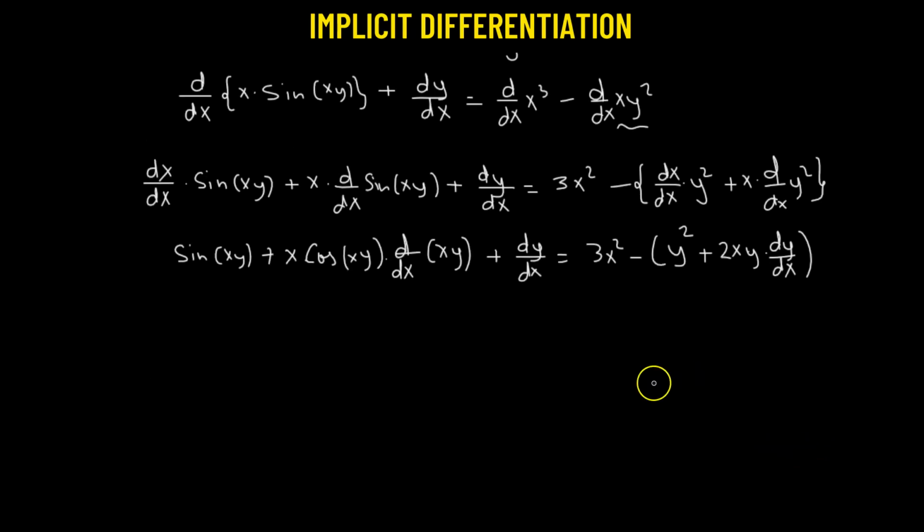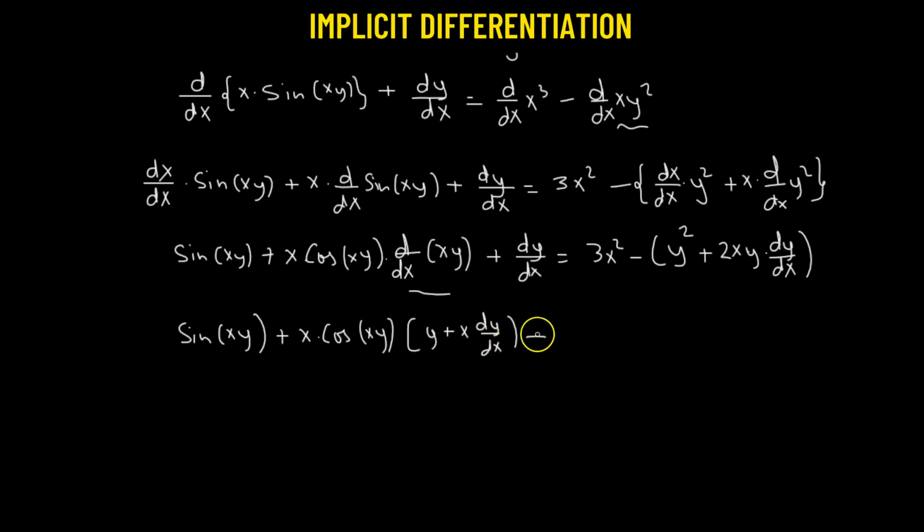Further simplification will give us sine of xy plus x times cosine of xy. So we'll use the product rule to expand derivative of xy to get y plus x dy over dx plus derivative of y with respect to x equals 3x squared minus y squared minus 2xy times derivative of y with respect to x.